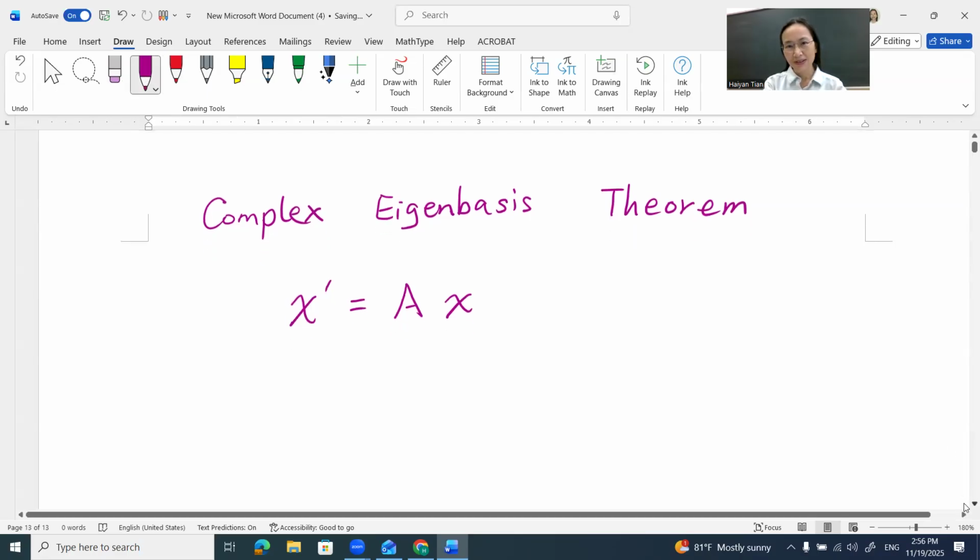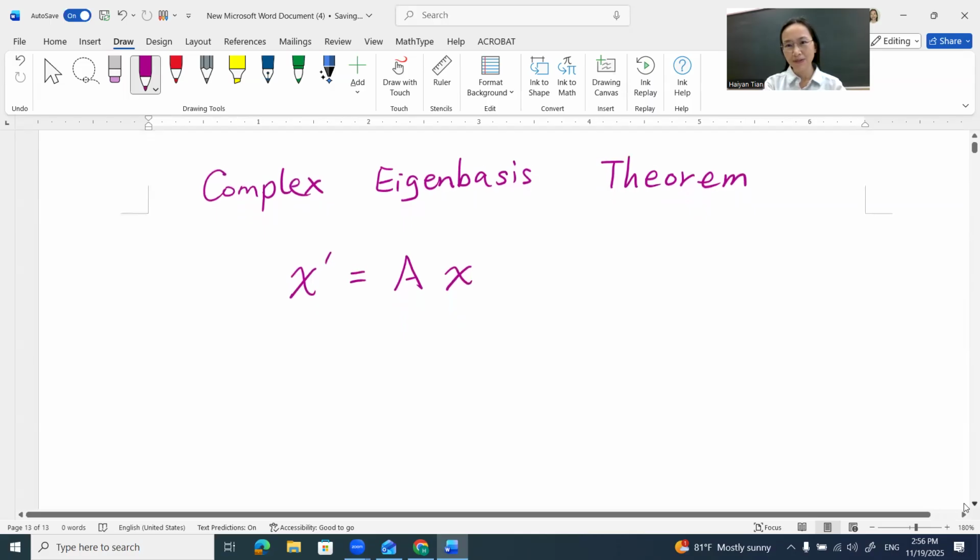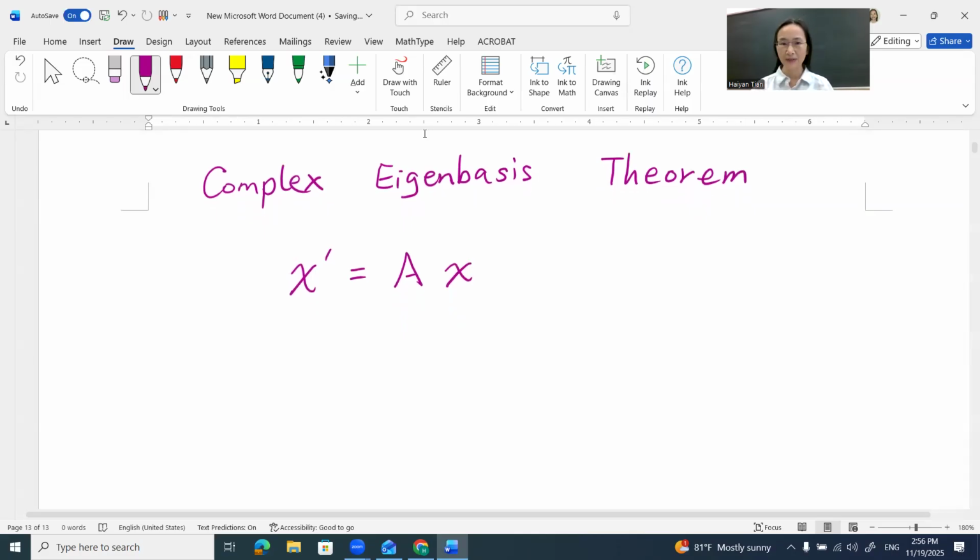Of course, the assumption we have is that for the matrix A, we have only complex eigenvalues. And that's why the theorem is called complex eigenbasis theorem.